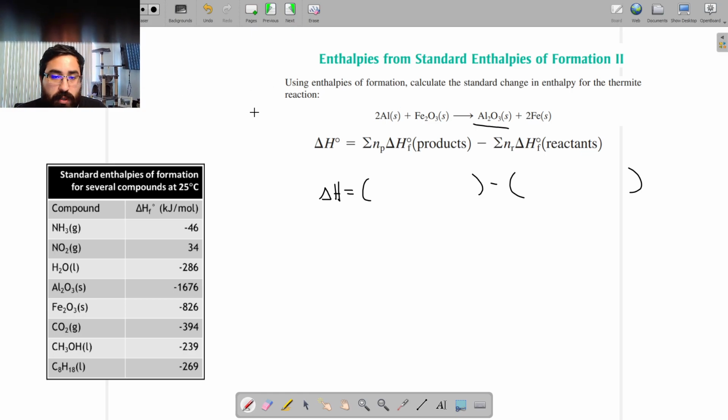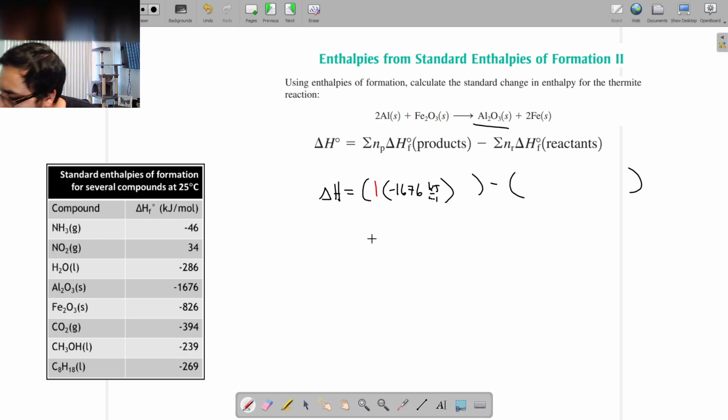There's only 1 mole of it, so it's 1 mole times the delta H F value, the enthalpy of formation of Al2O3, which is negative 1,676, and the units are kJ per mole. I believe they're actually just kJ. Let me double check. Table 6.2. Yeah.